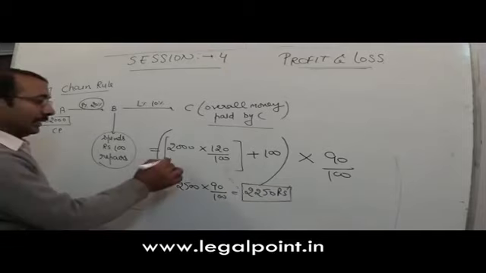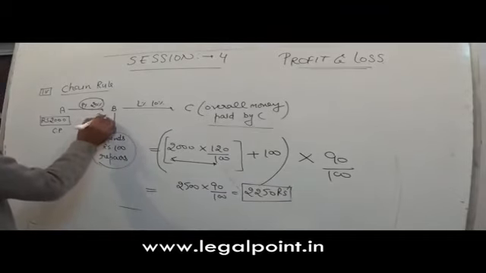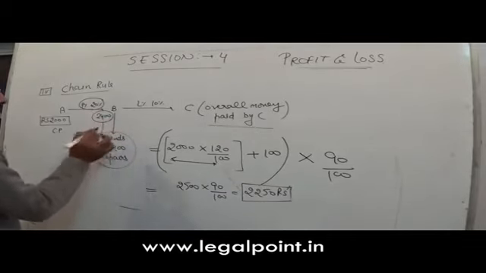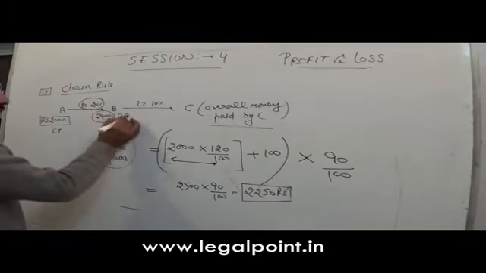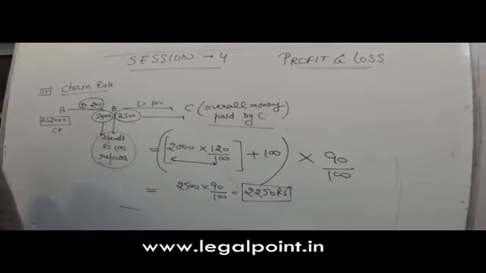Like here, the cost of B was earlier rupees 2400, but he spends rupees 100. It means now his cost becomes 2500, and then we find the money paid by C. So this is the chain rule by which we can answer questions in which we sell an article in a chain.